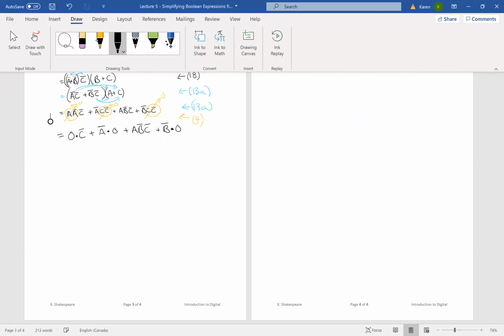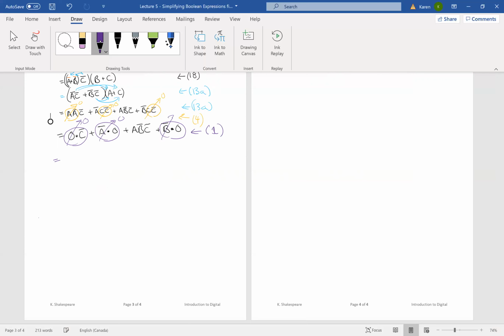Now we have to look at, well, what does it mean when something is ANDed with a 0? This is ANDed with a 0, this is ANDed with a 0, ANDed with a 0. Anything ANDed with a 0 is going to be 0, and that's theorem 1.